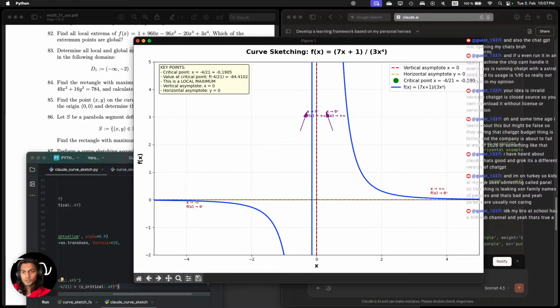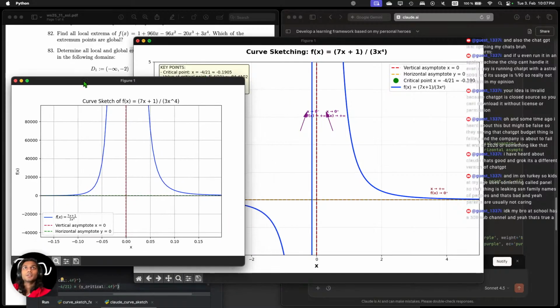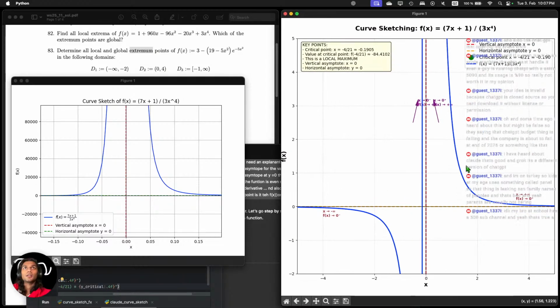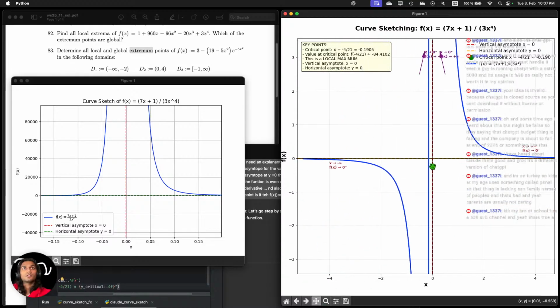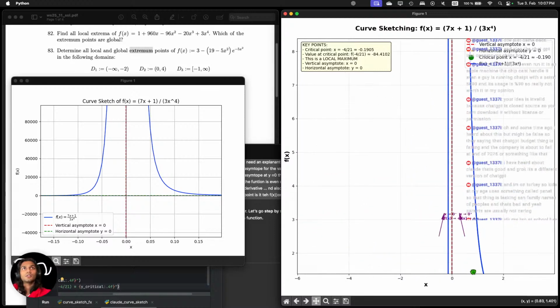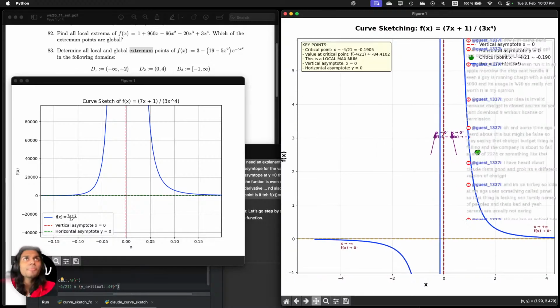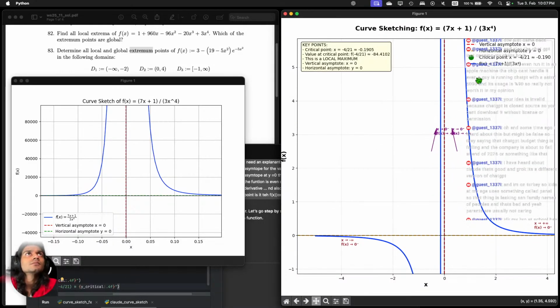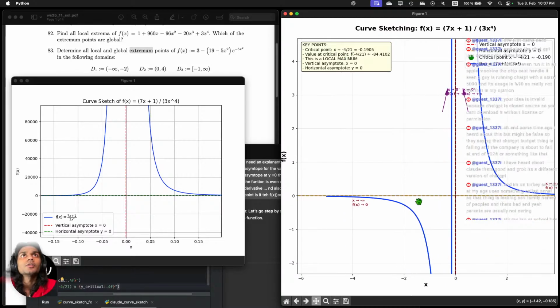Interesting results. Interesting results. What? Key points, critical point, x equals minus 4 by 21. Where is it?